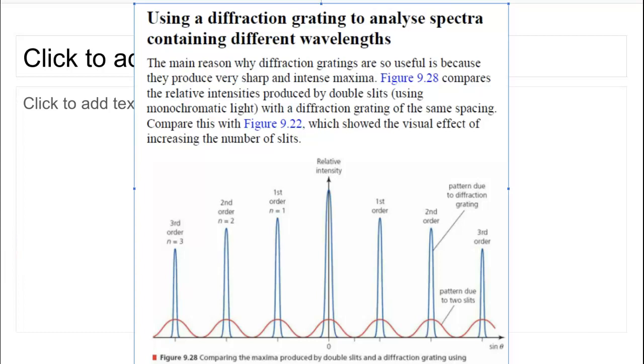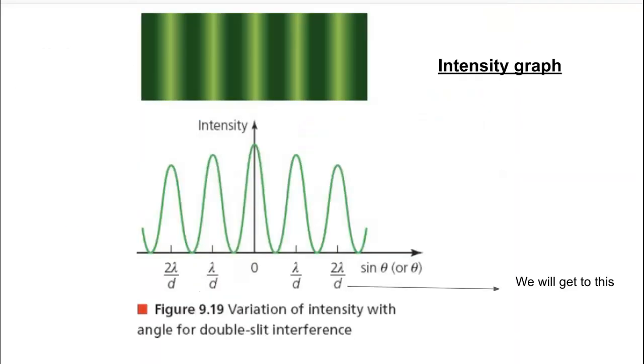There's one thing I forgot to do in the previous section, which was explain this distance here, what was on the x-axis. Normally, when you have intensity and distance graphs, you would have a number, right? In this particular graph, they're expressing it as lambda over d, or sine theta.